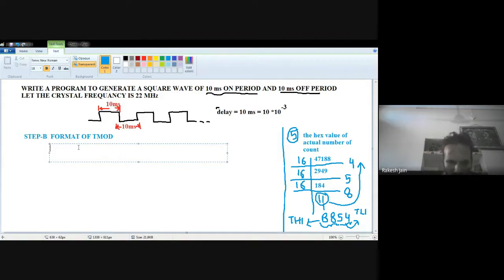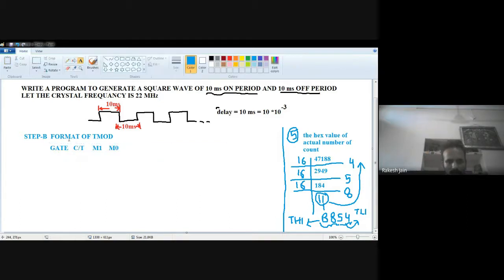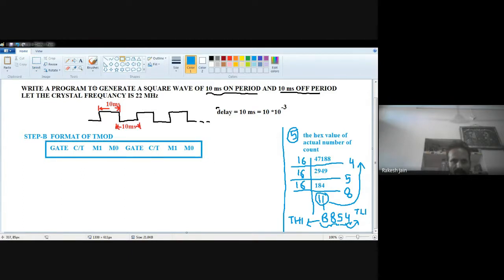Okay, and the format is: first I write down Gate, C/T bar, then M1, then M0, then again Gate, C/T bar, M1 and M0. Okay, so this is the format of the T mode register. These are the 8 particular bits of the T mode register.